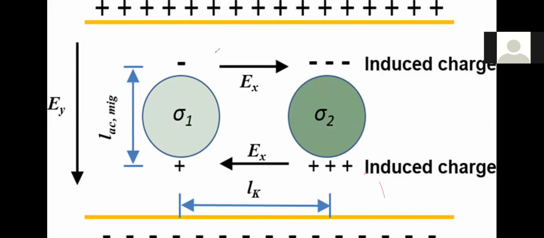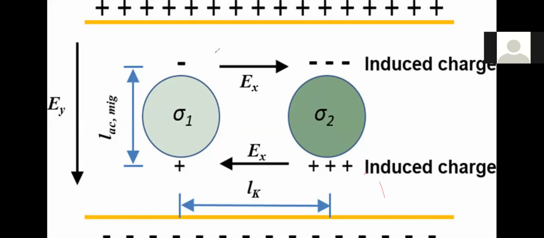So this is what we mean by polar. The upper part forms a positive pole, and the lower part forms a negative pole, and between them there is a kind of induced charge. You are encouraging the upper part to take a positive pole, and the lower part to take a negative pole.